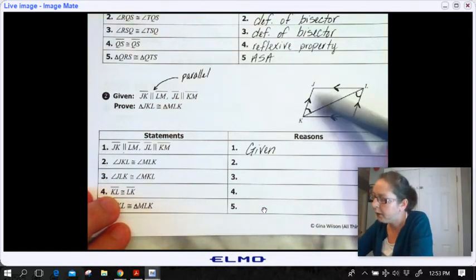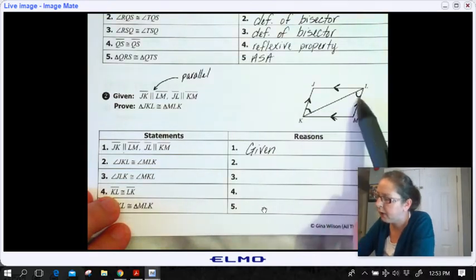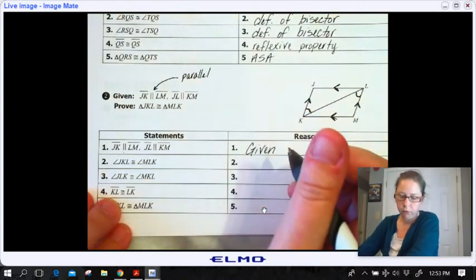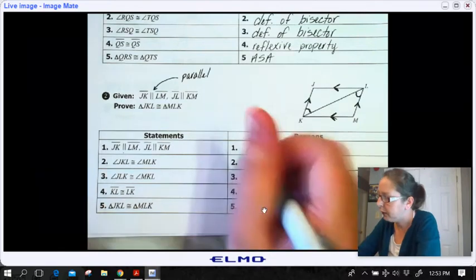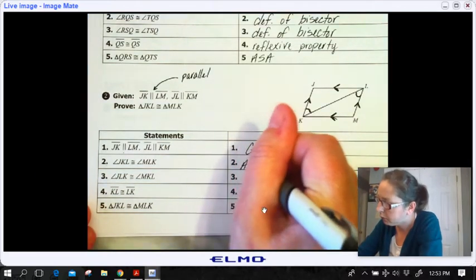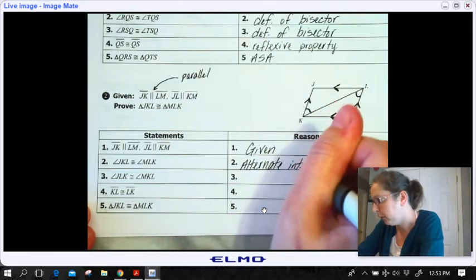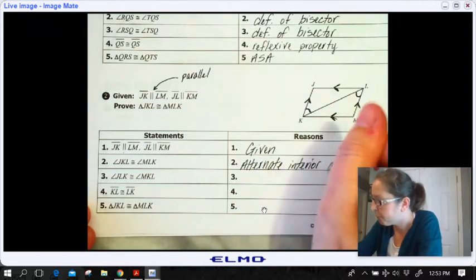Well, they're in between two parallel sides, and they're on opposite sides of this transversal. So these are going to be alternate interior angles.